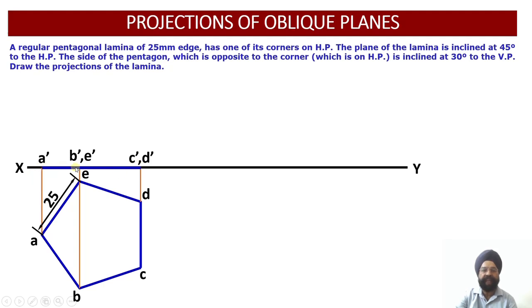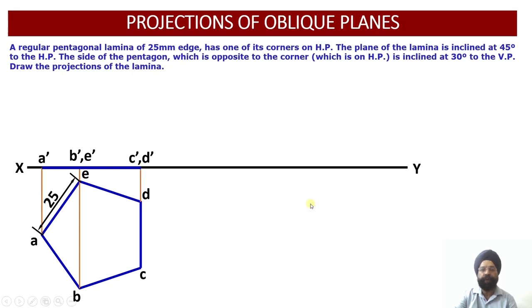This gives us the front view of the lamina, and since this lamina is contained by the horizontal plane, it is perpendicular to the vertical plane, so its projection onto the vertical plane will reveal the edge view of this particular lamina.